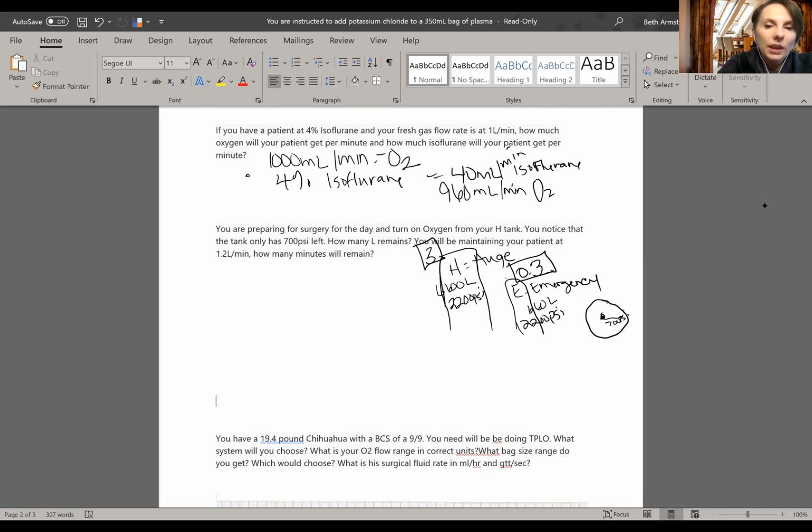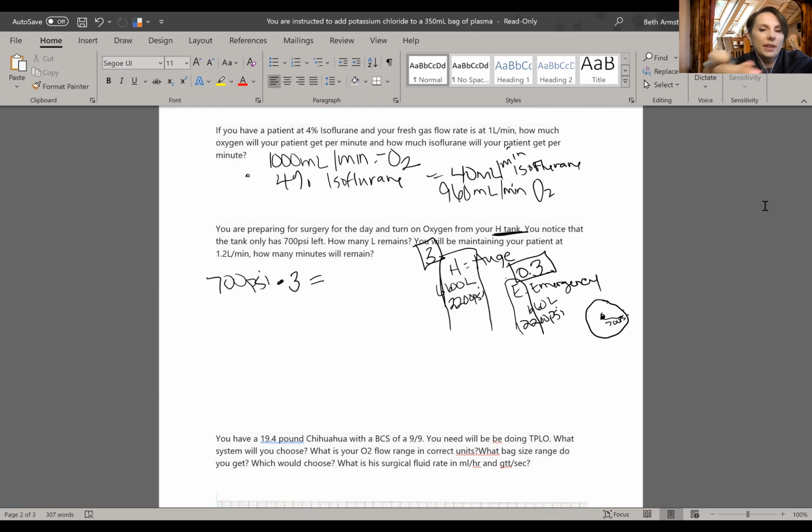So if we have 700 PSI, you take 700 PSI. And since this is an H tank, we take our constant 3 and you multiply by 3, and we are going to get an answer in how many liters we have left in our tank.